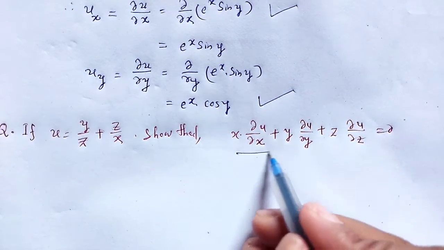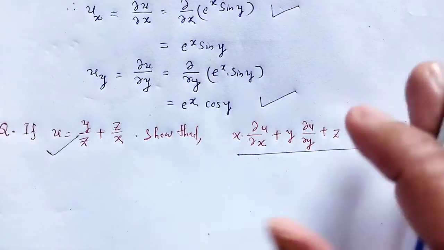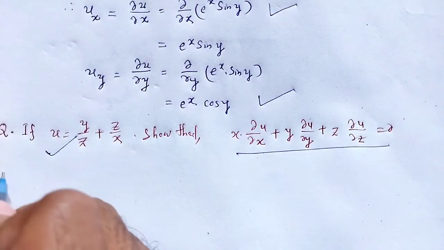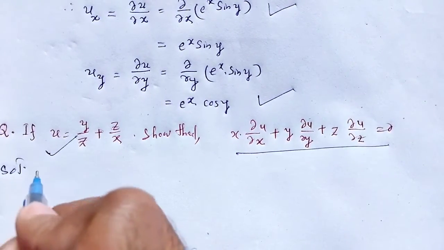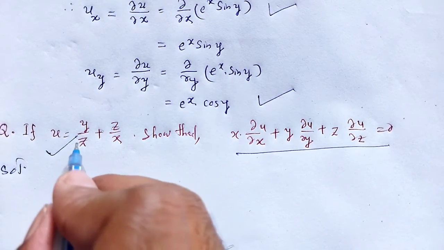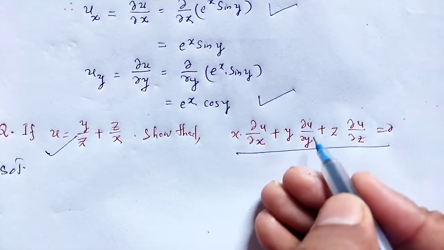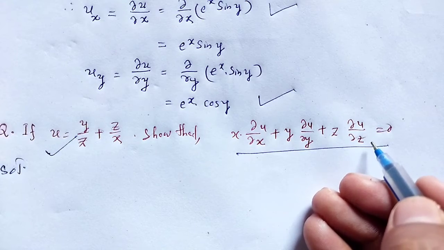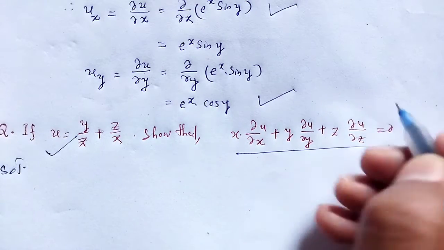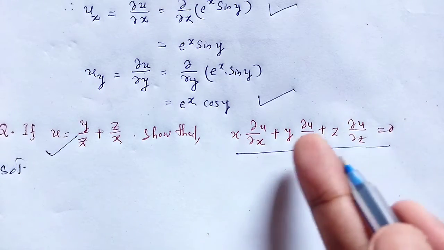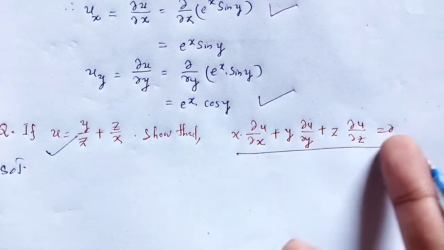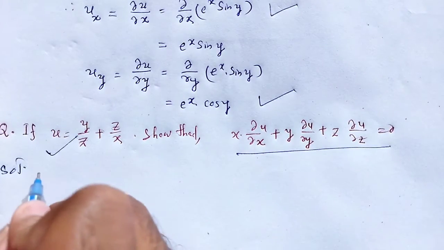We can show this as 0 when the function u is given. Then we find the solution and prove this as 0. First of all, we find del u by del x, del u by del y and del u by del z. Again we solve this and prove what the actual value of the given result should be.